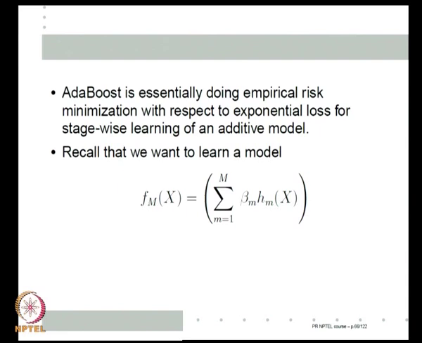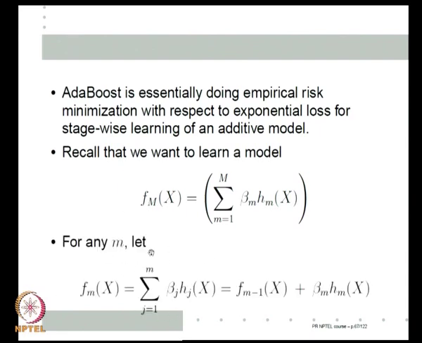So, this is the model class we have to learn. Let us say, as a notation, this capital M can be variable. So, for any little m, f_m(x) is the sum from j equal to 1 to m, which also means f_m(x) is f_{m-1}(x) plus beta_m h_m(x). That is what is meant by stage wise.